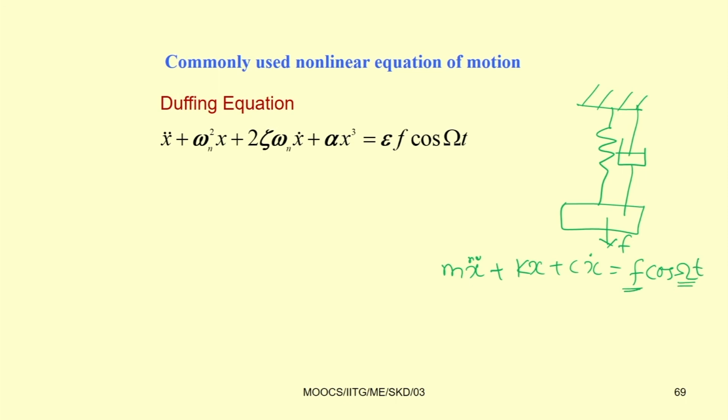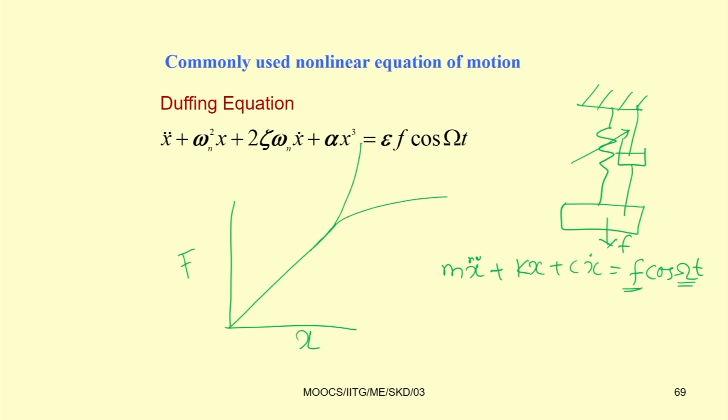If the spring is not linear, what do we mean by a linear spring? If you draw the force versus displacement curve, for a linear spring it will be straight. If the spring is no longer linear, the curve will no longer be like this. It may bend this way or it may bend this side.